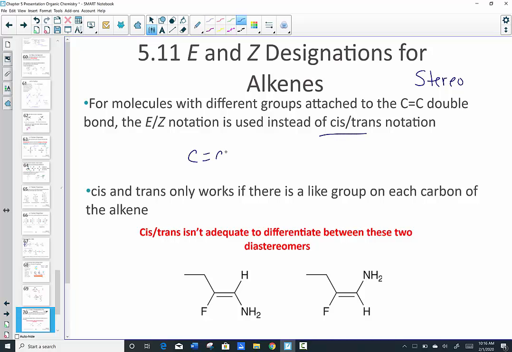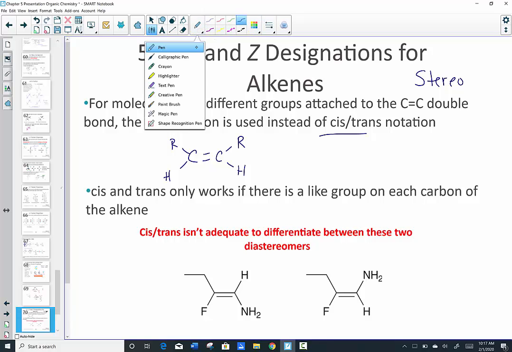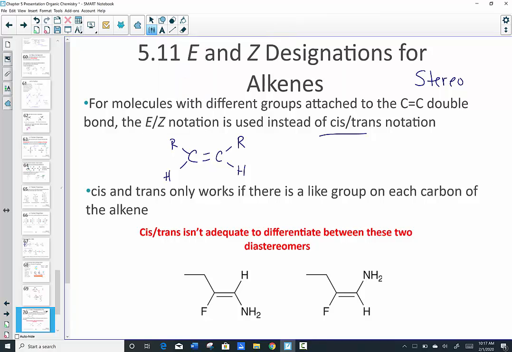And just to remind ourselves, if I have an R group on whatever that alkyl group might be, and I have two identical groups, two things that I can compare that are the same, such as these two hydrogens, I can now call them cis or trans. I know that if I have two hydrogens on the same carbon, there's no such thing as a cis or trans.